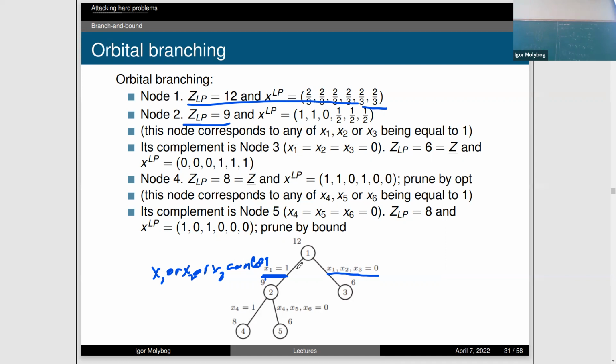We have come to a solution, a vector where x1 is 1.